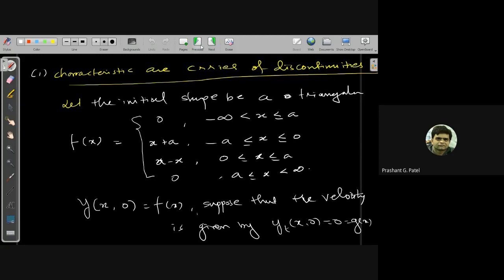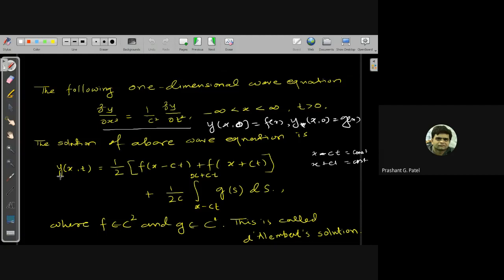As we have, the solution looks like this, that is y of x, t is 1 by 2 of f of x minus ct plus f of x plus ct, plus the g term. Since g is 0, I will call this equation number 1, and the solution equation 2.